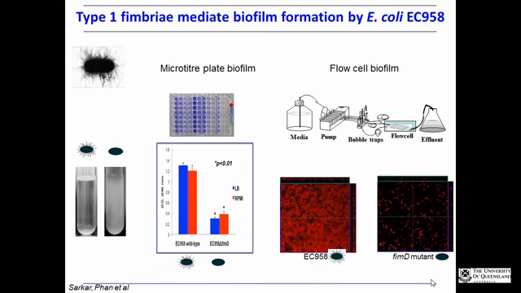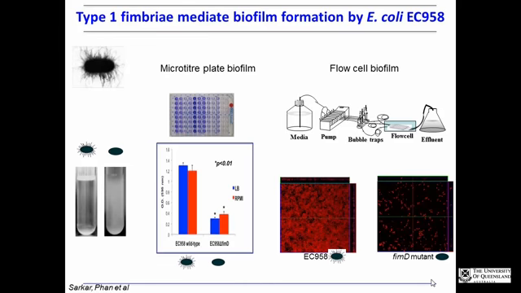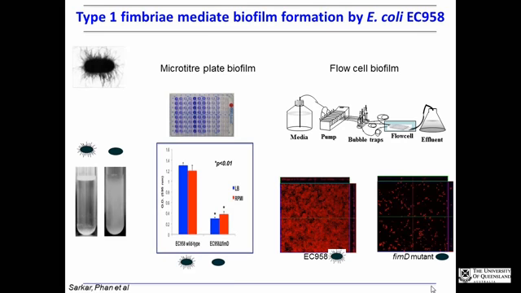We can also look at biofilm formation in a microtiter plate system, and this is two different types of media with a wild-type strain versus a mutant strain, and you can see that the wild-type strain adheres to the surface of the microtiter plate and forms a biofilm, as opposed to the mutant strain. And we also have a system to study dynamic biofilm formation in a flow cell.